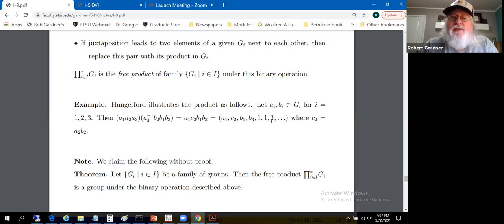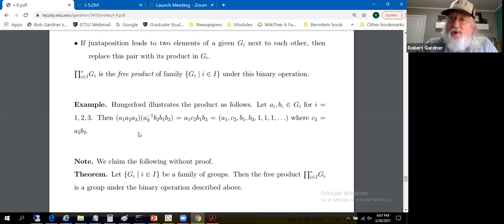To illustrate it, Hungerford gives this little example here. Take 3 groups, G1, G2, G3, and A sub i's and B sub i's from these groups, G sub i's, and consider word A1, A2, A3 times word A3 inverse, B2, B1, B3.